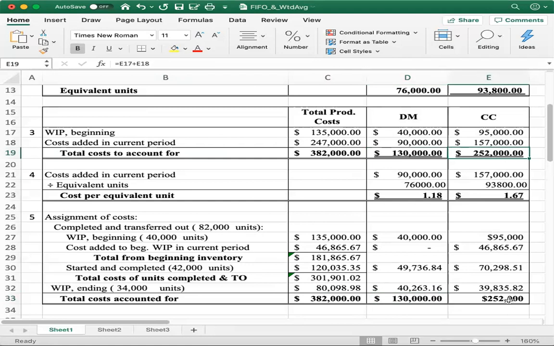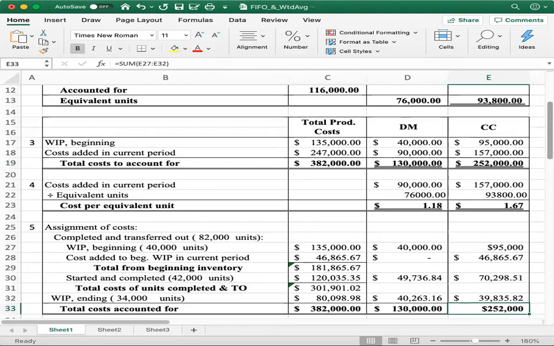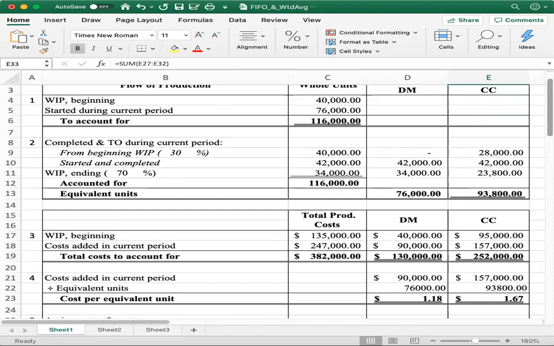Conversion cost 252,000, same as 252,000. That means this is reconciled. You did it correctly. You can check your equivalent units, also the total units to account for, with this 116,000 in number 12 is the same as in number 6 right here to account for part 1, right? In your cell C12 and in your cell C6 you have 116,000, so they are matching too.